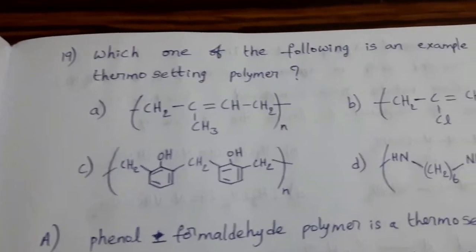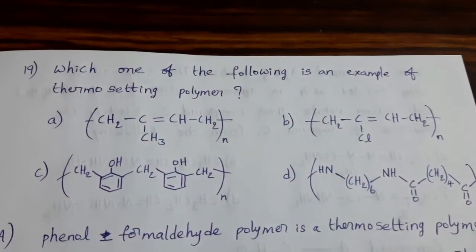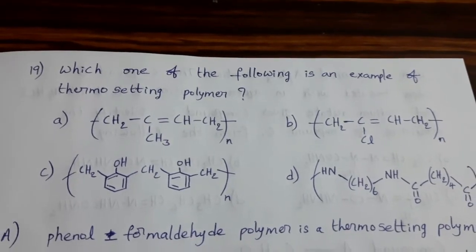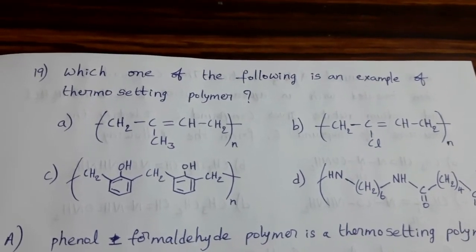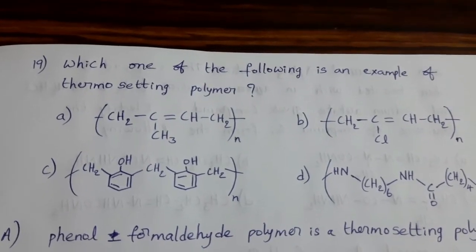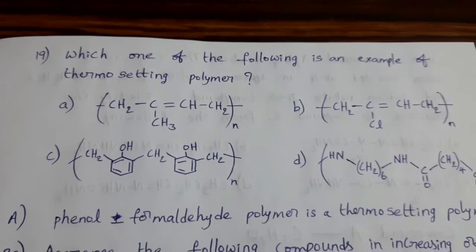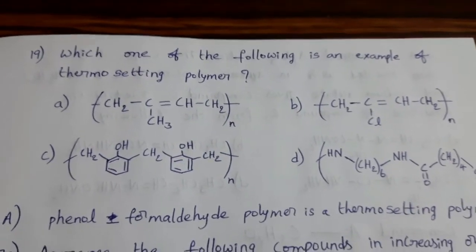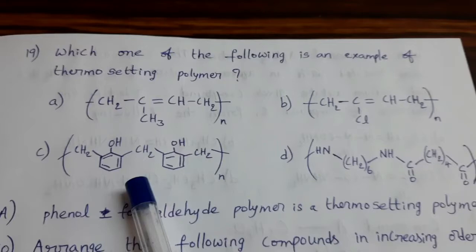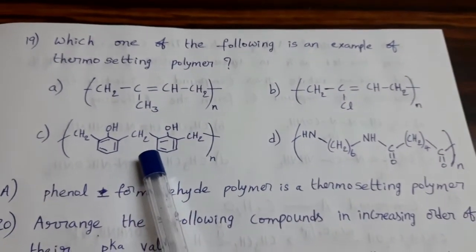Next, which one of the following is an example of a thermosetting polymer? Thermosetting polymer examples are phenol formaldehyde or melamine formaldehyde. Phenol formaldehyde is also known as bakelite. So that polymer structure is this one. Option C is the answer for this.